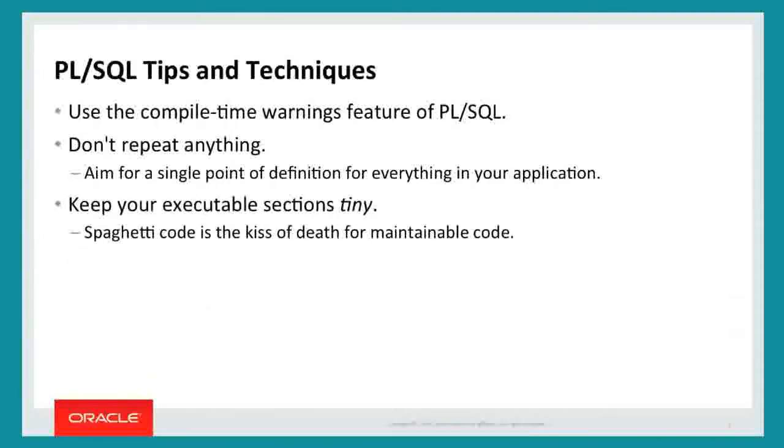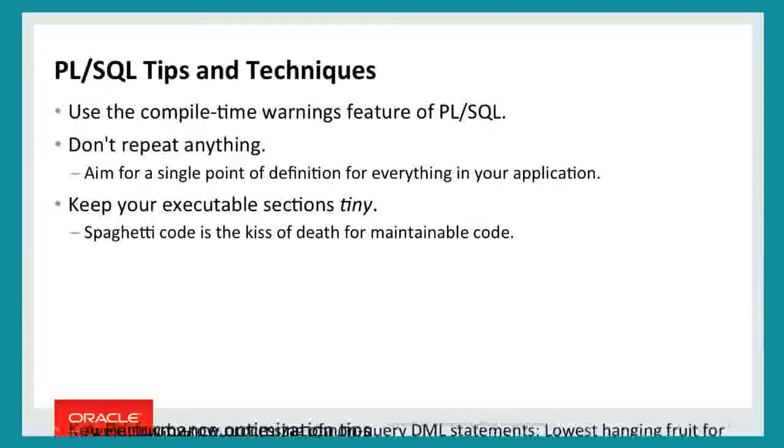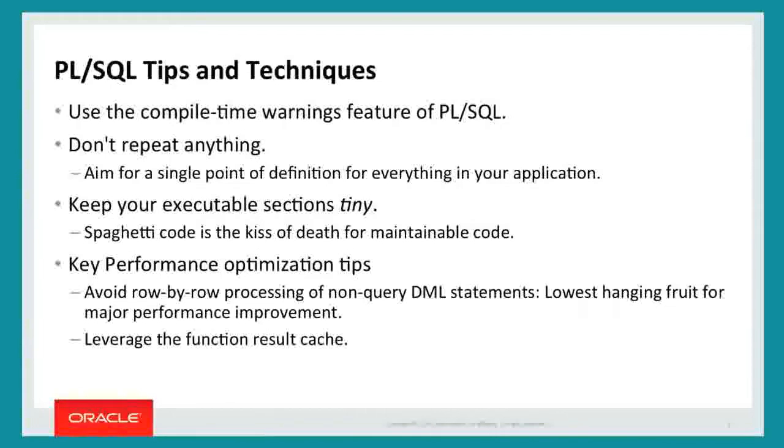Then, from the standpoint of readability and maintainability of code, I'd like to talk about keeping your executable sections really small, 10, 20, 30 lines long, to avoid spaghetti code. And then we'll cover a number of key performance optimization tips, avoiding row-by-row processing with bulk, leveraging the function result cache, and a couple of other items as well.